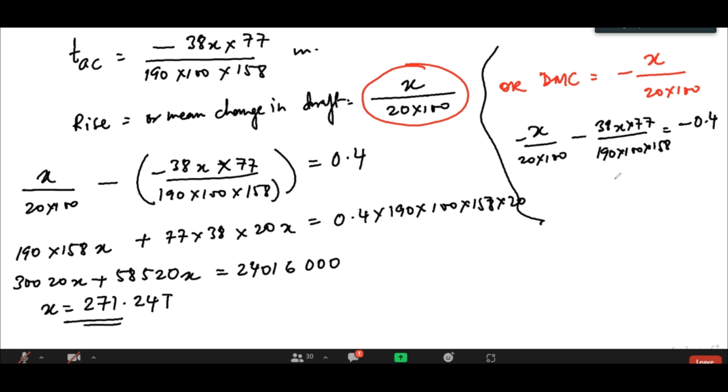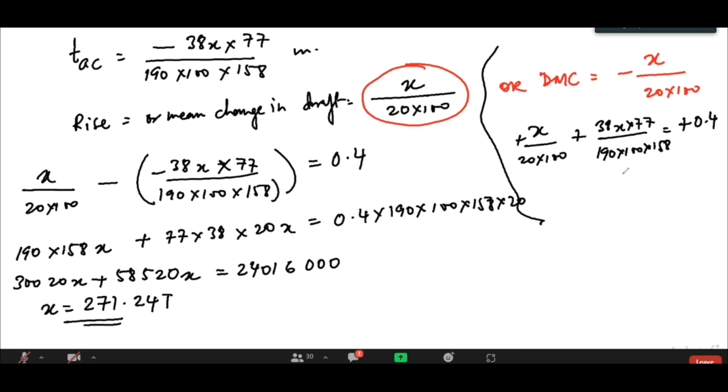Minus 0.4. So what is happening here? ये minus minus minus, all of them we can remove it and make it plus. And therefore my figures are back to the same figures and I should get the same answer.